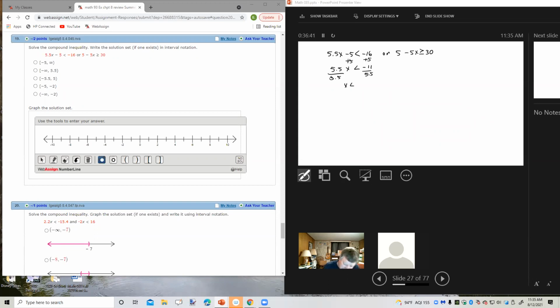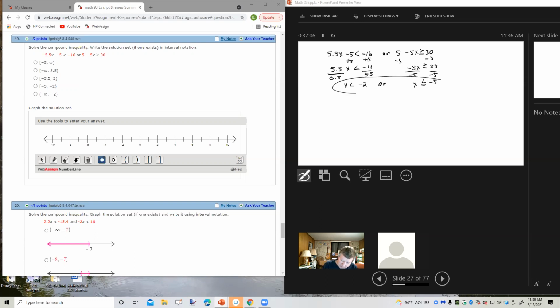So I get x, and then let's see here. So -11 divided by 5.5 comes out to be -2. And over here, I'm going to subtract 5. So -5x greater than or equal to 25. I'm going to divide both sides by -5. Aha, so I changed the direction of the inequality there.